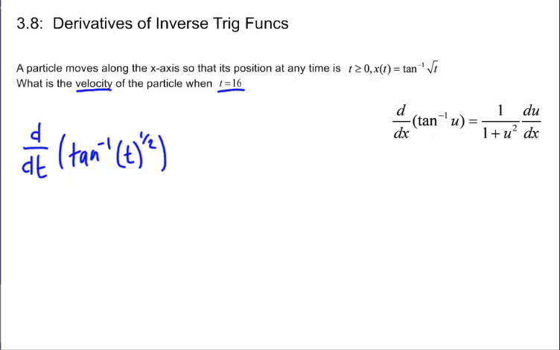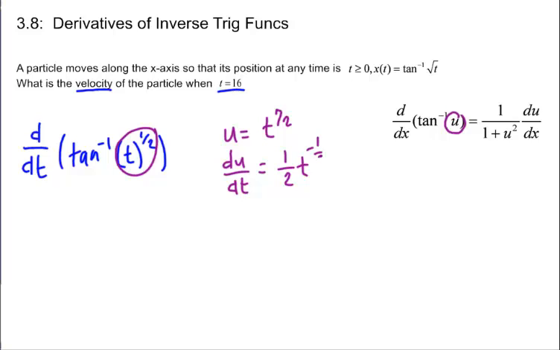So 1 over 1 plus u squared. Here's u right here. So where's our u? Right there. You see it? So if u is equal to t to the 1/2 power, what is du dt? 1/2 t to the negative 1/2, or 1 over 2 square roots of t.